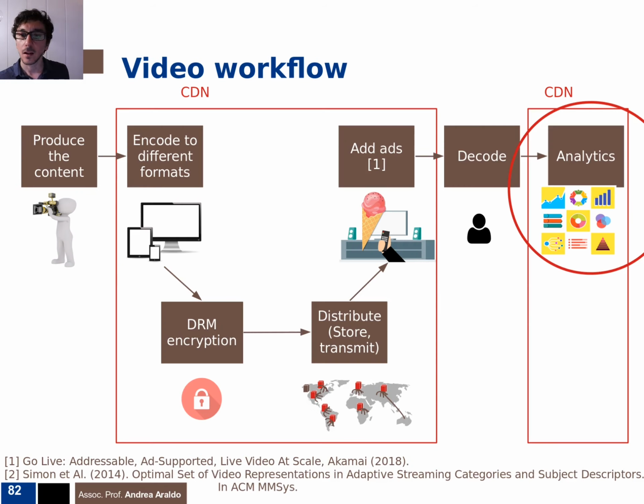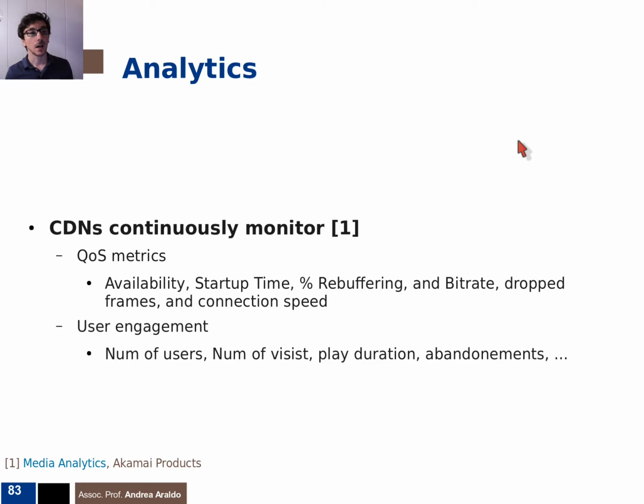Finally, another service that the CDN offers is analytics. As we have seen, the CDN takes the role of content provider. Users consume content directly from the CDN and no more from the content provider. So the CDNs have perfect visibility of all the operations that the users do.